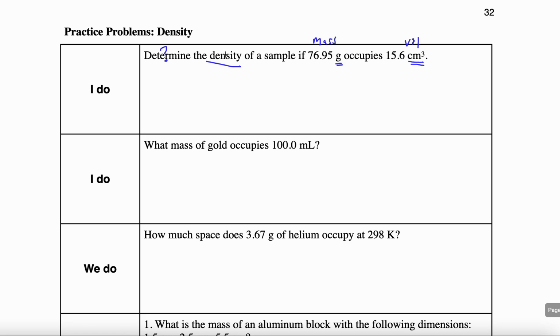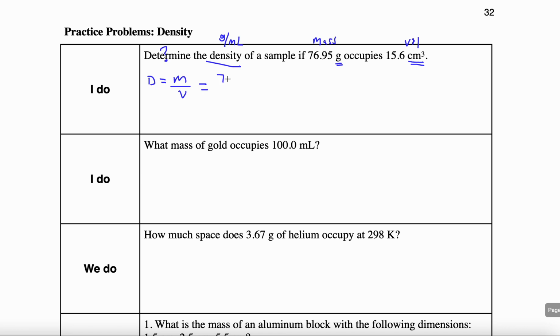And density, when I think about units, a common density unit is grams per milliliter, which tells me the math: grams divided by milliliters. So density is simply the ratio of the mass divided by the volume.